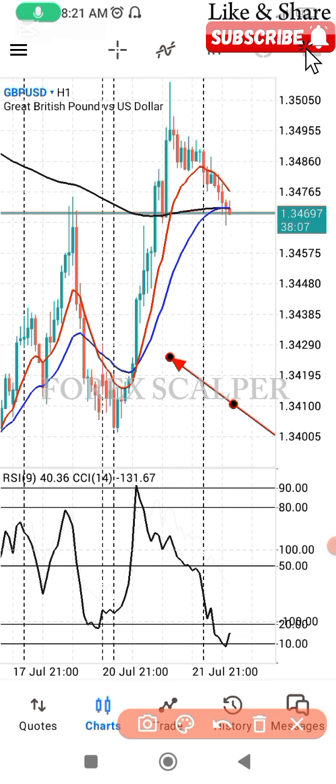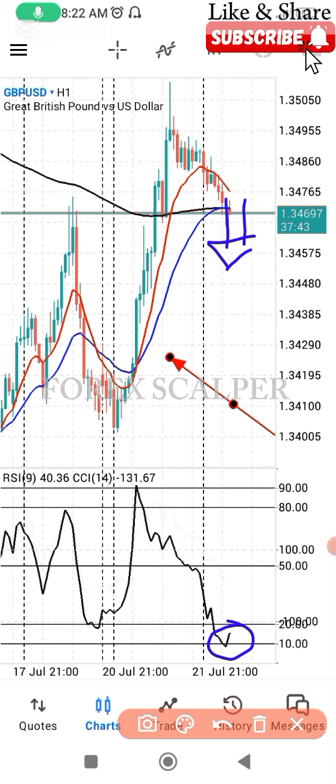But however, now price is here. Even if this price closes below this moving average, I will not be able to sell. Get that point? Even if price closes below this moving average, I won't be able to sell. Why? Because looking at my CCI, it is at the level of 10 and 20.